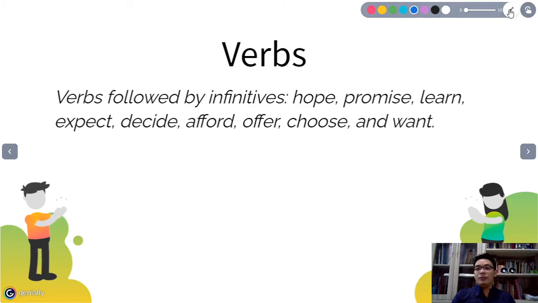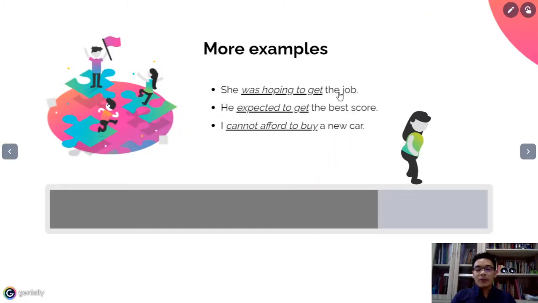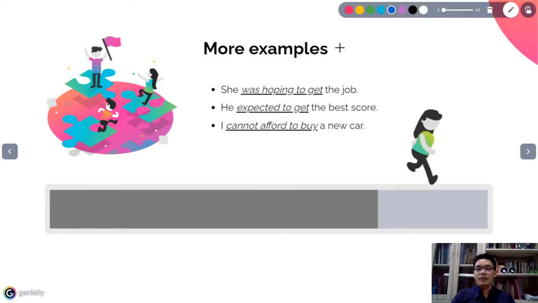Let's continue. Let's take a look at more examples. She was hoping to get a job. The to infinitive. She was hoping to get a job. I was hoping to get a job.